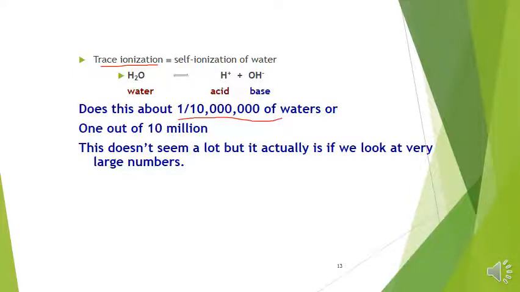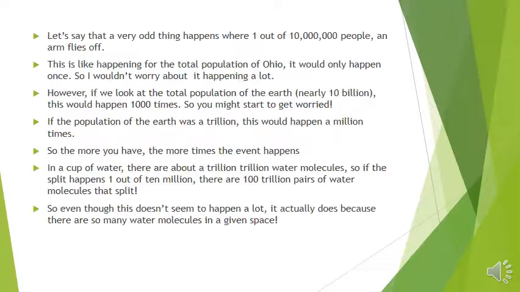That doesn't seem like a very big number. Let's say some odd event happens, like 1 out of 10 million people, an arm randomly flies off.